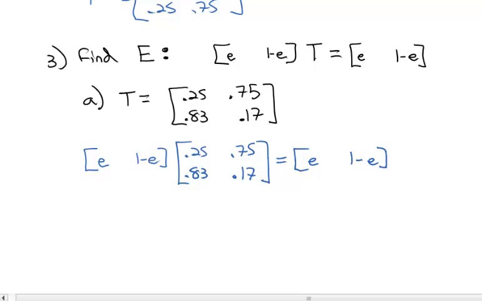Well, we're multiplying two vectors, so we're going to multiply a row times a column. When we do that, we get 0.25e plus 0.83 times 1 minus e.